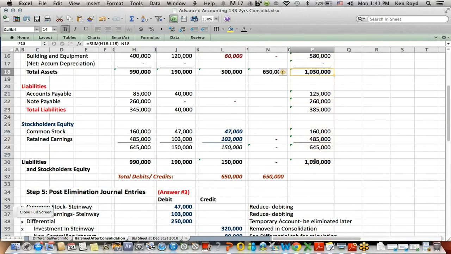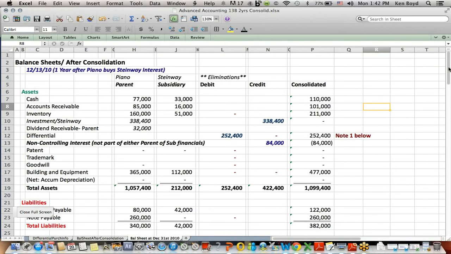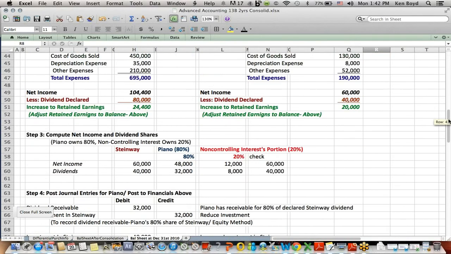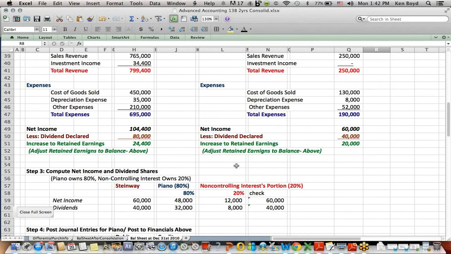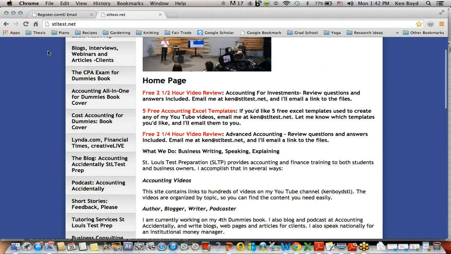And that total assets equal liabilities and equity, so I know I've done the problem correctly. So that's as far as we're going to get. We're going to do year 2 in another video where we have to account for net income, retained earnings impacts using the equity method.